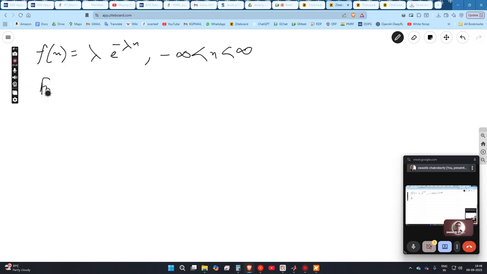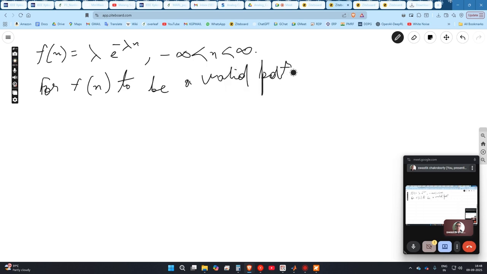For fx to be a valid PDF, the probability of the random variable lying between the lower limit and the upper limit should be equal to 1. For fx to be a valid PDF, this integration should be equal to 1.